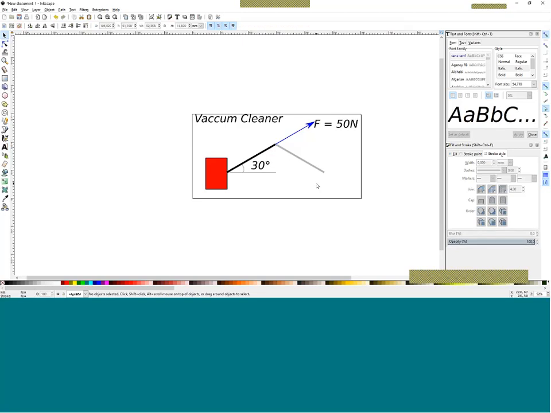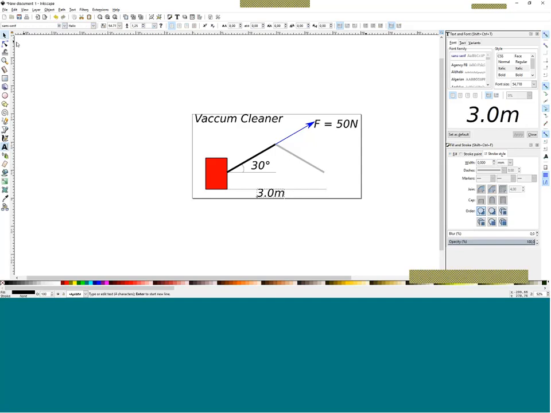And most importantly, do we need any more? I think, yeah, all we would need for solving the question, which is the work done when I move my vacuum cleaner of 3.